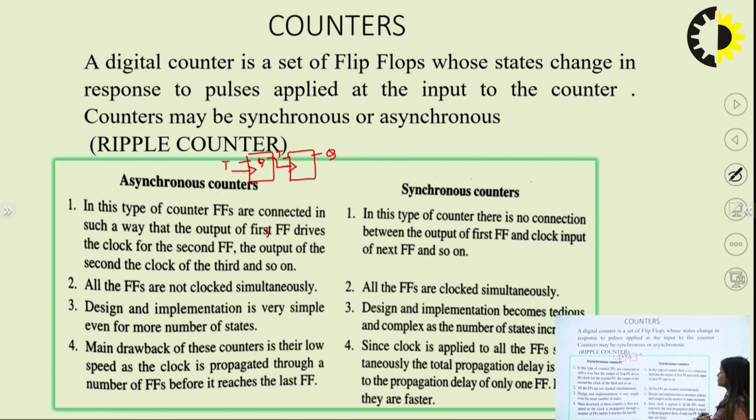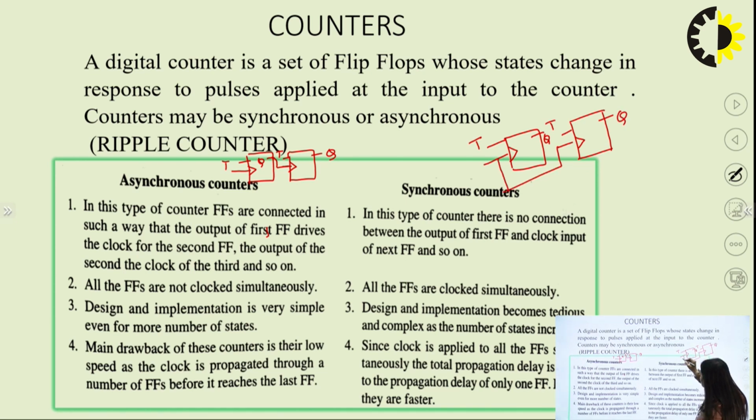Whereas in the case of a synchronous counter, the two clocks are connected to a single clock pulse, right?